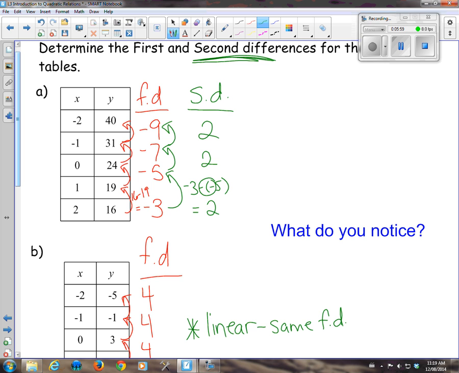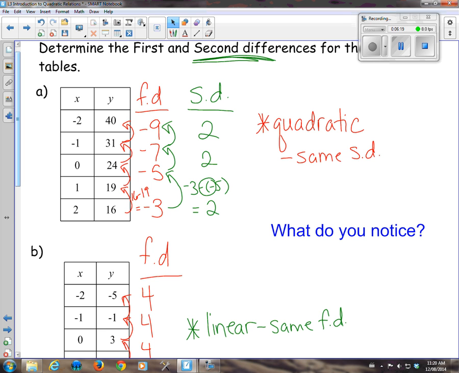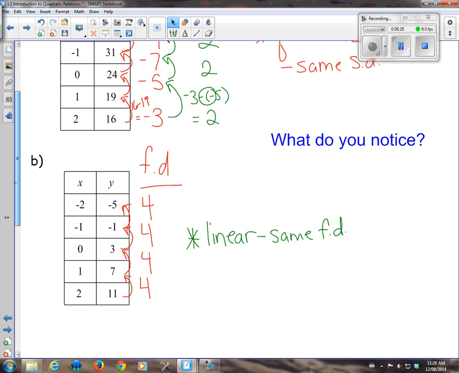What that means when the second differences are the same is that it's a quadratic. It's a parabola. So a quadratic will have the same second differences, and a linear will have the same first differences. So we can tell by the graph.